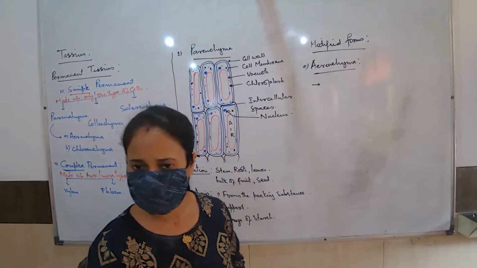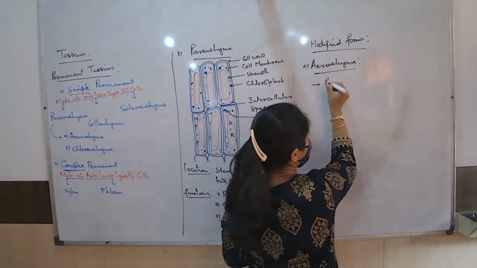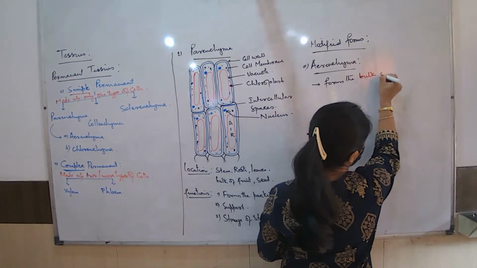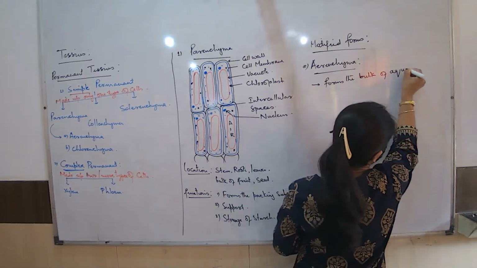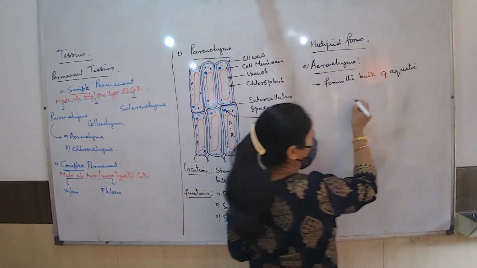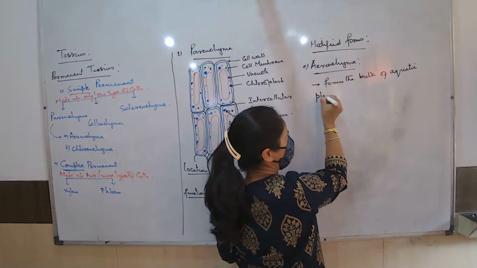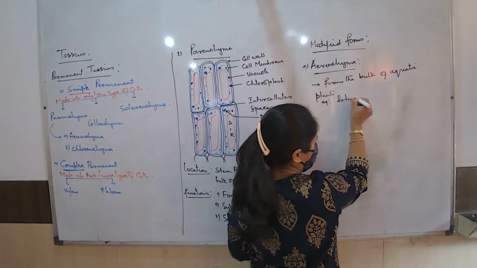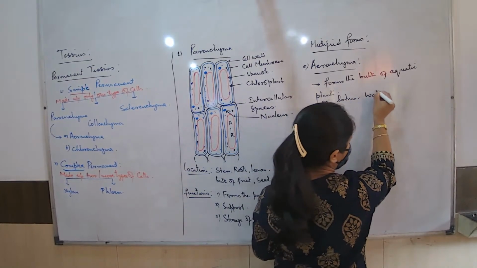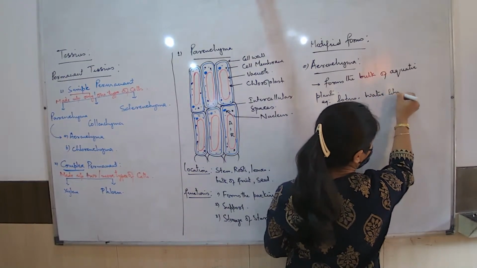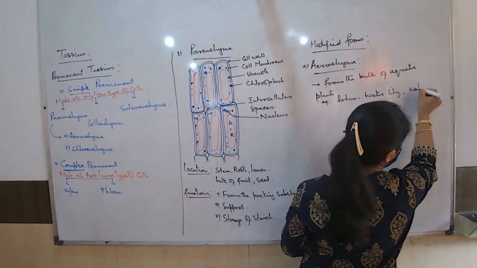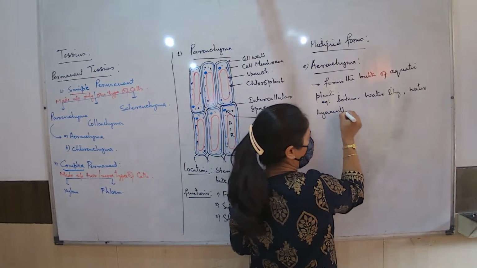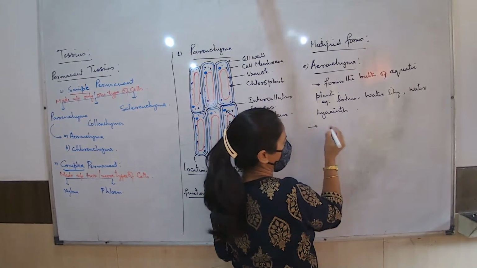Parenchyma, where are they present? Parenchyma forms the bulk of the aquatic plants. They will be present in the bulk of the plant. What are some aquatic plants we can understand? We can talk about the lotus, the water lily, and the water hyacinth. So in all these aquatic plants, what is the special feature?